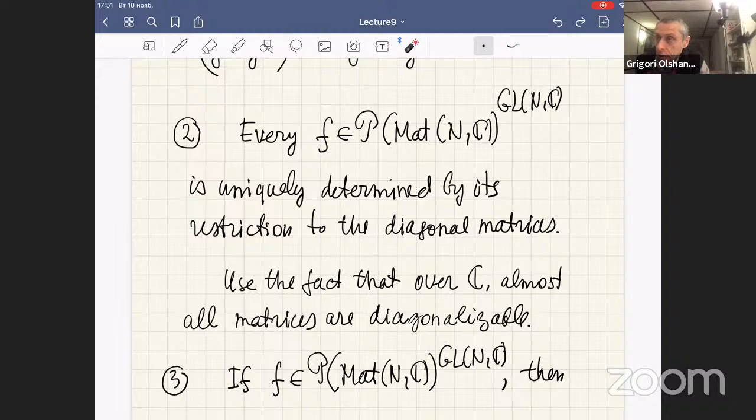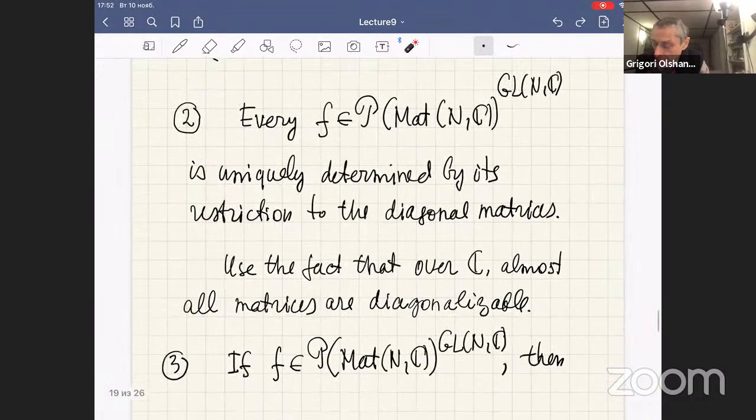And it's enough to say that this set of diagonalizable elements is dense. It is dense in the usual topology. It is dense in the Zariski topology. It does not matter. So for the polynomials, any invariant polynomial is uniquely determined by its restriction to the diagonal matrices.